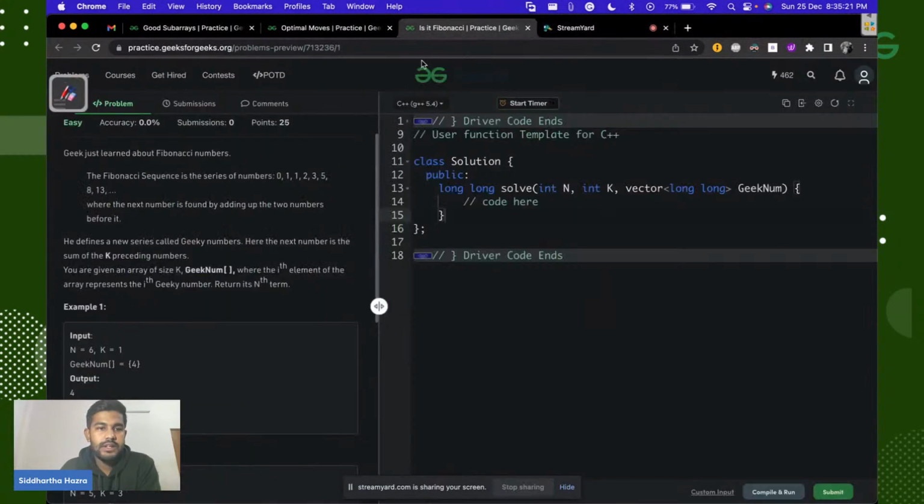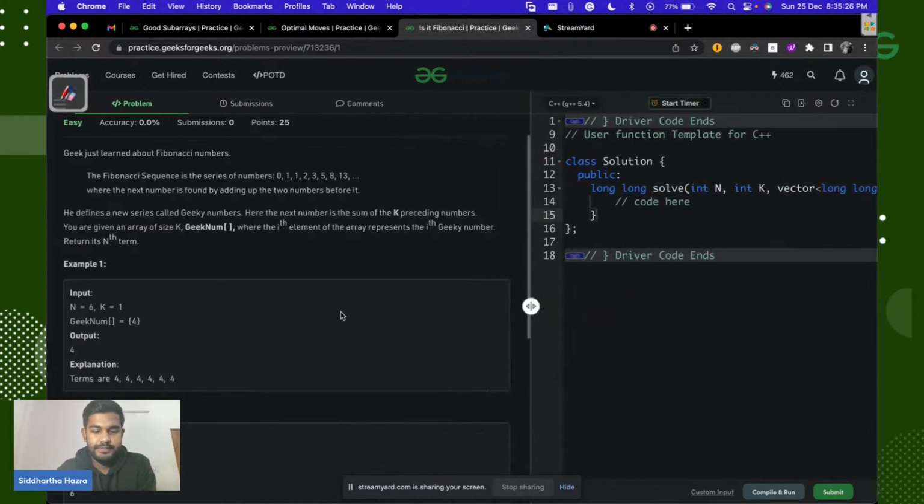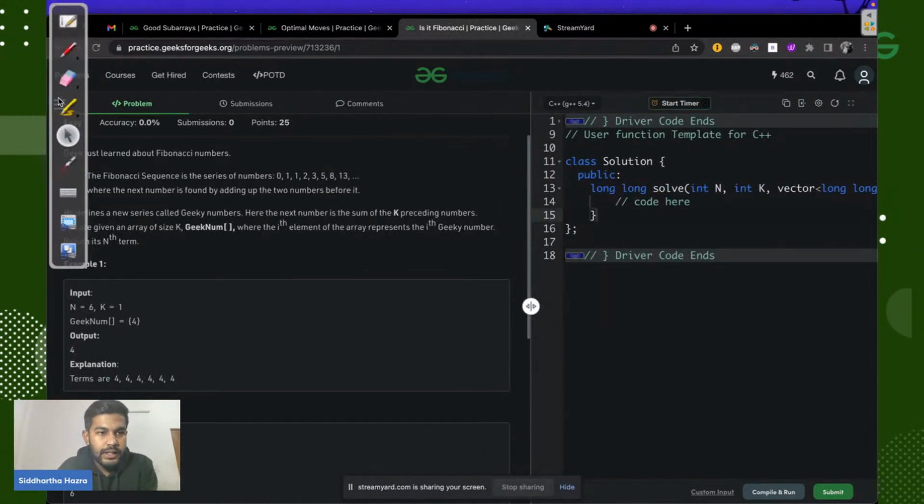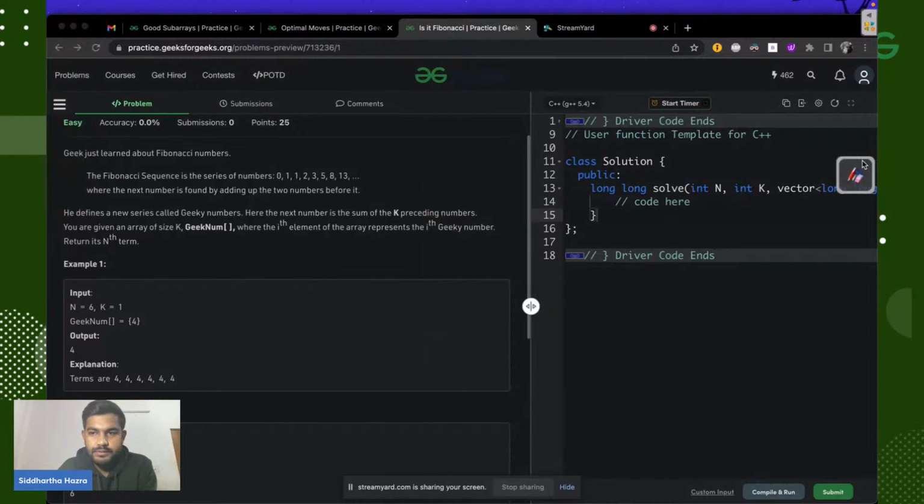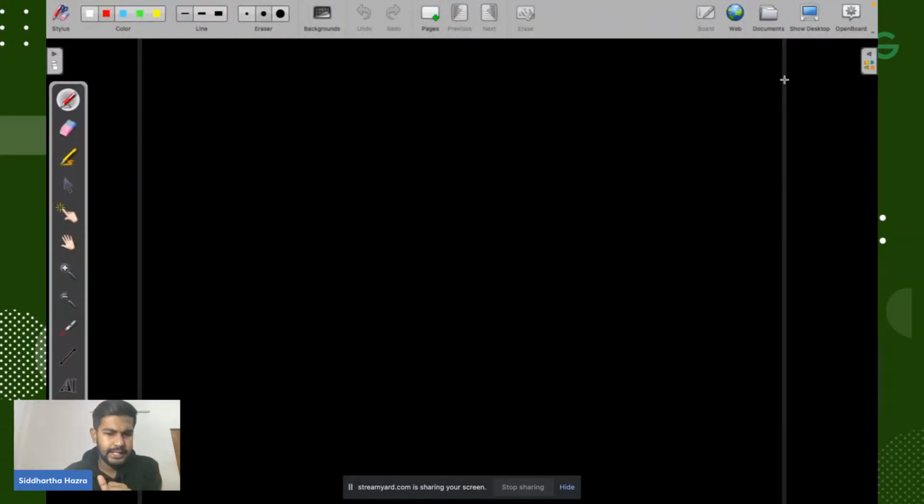So let's start with the very first problem. In this problem, first let us understand what is Fibonacci series.